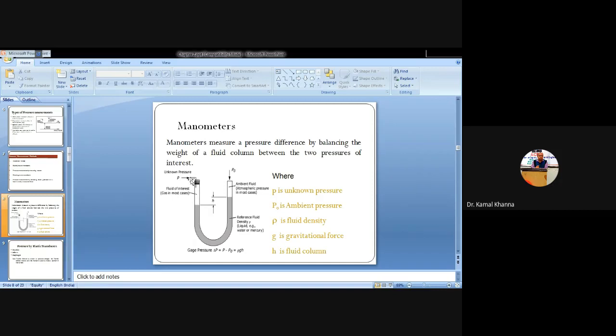As soon as we attach this U-tube manometer to the pipe where the water is flowing, that water will push the liquid with a heavier specific gravity. These terms I discussed in the last class, on properties of fluid, that is specific gravity. The fluid used in the U-tube manometer must have more specific gravity as compared to the fluid whose pressure is to be measured.